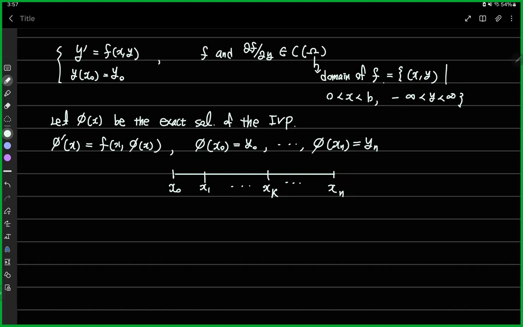So now we're going to derive the Taylor series for phi of x about the point x sub n.